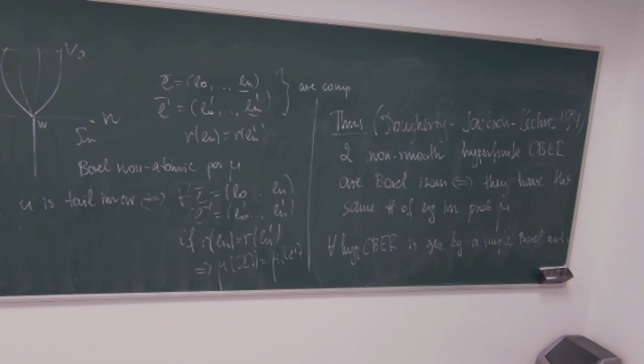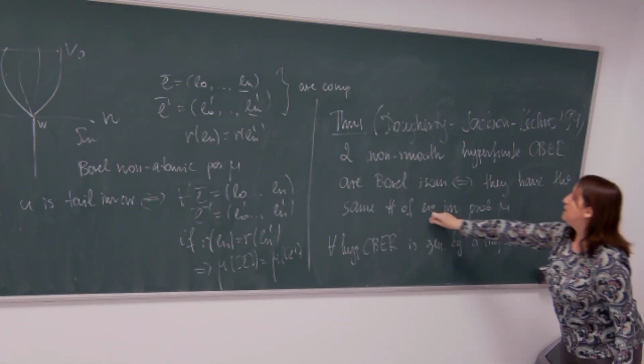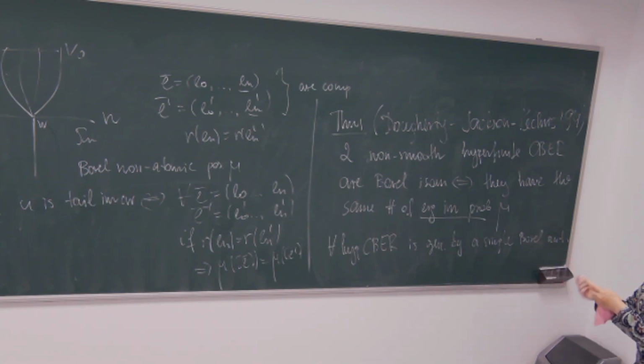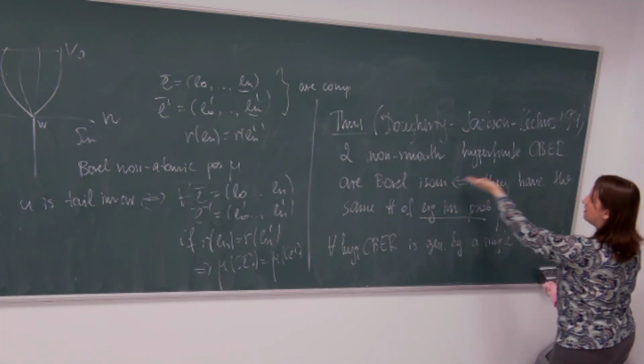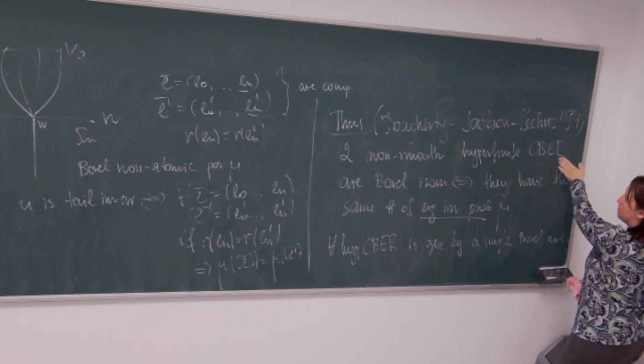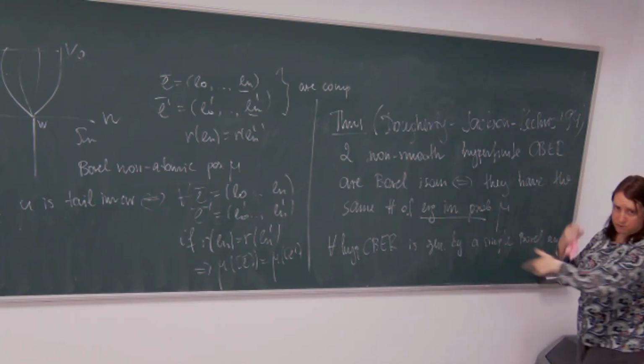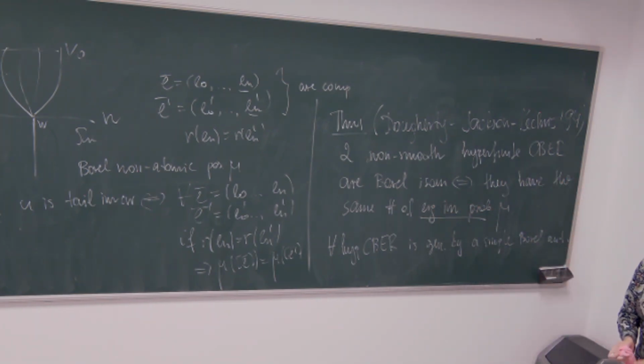And so if we study probability ergodic invariant measures for tail equivalence relations, we are actually classifying hyperfinite countable Borel equivalence relations with respect to isomorphism.